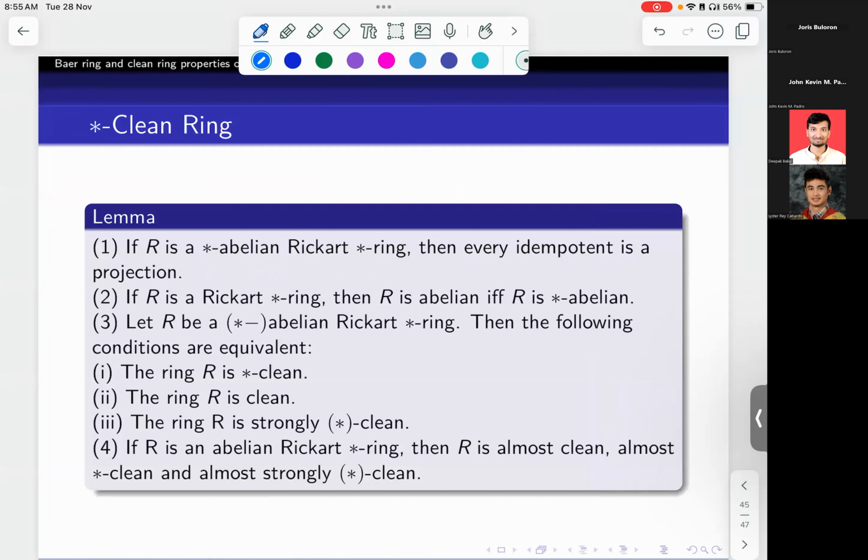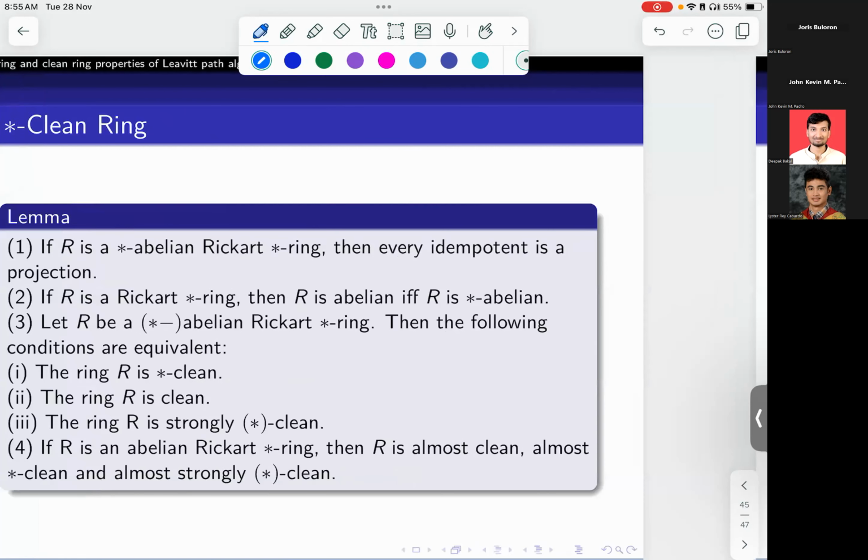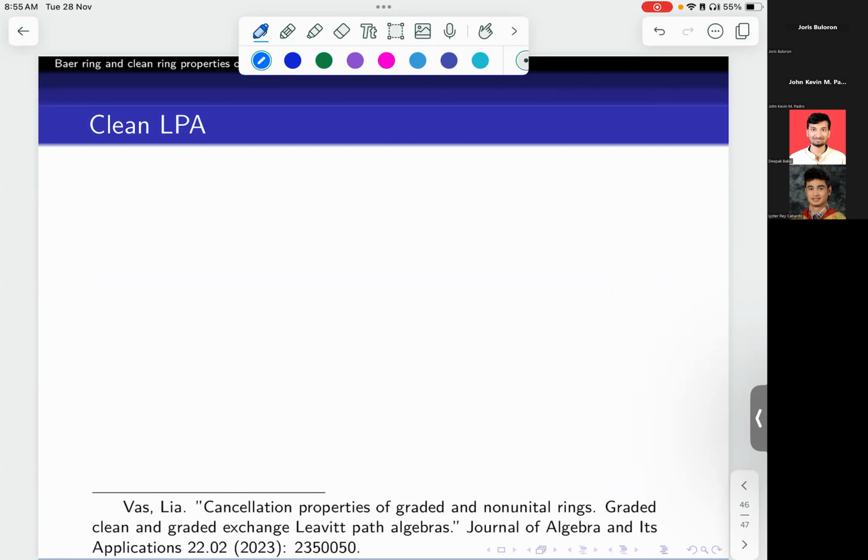She proved certain properties connecting the Rickart landscape and the star clean landscape. What is interesting is that the question to characterize clean rings is still open.